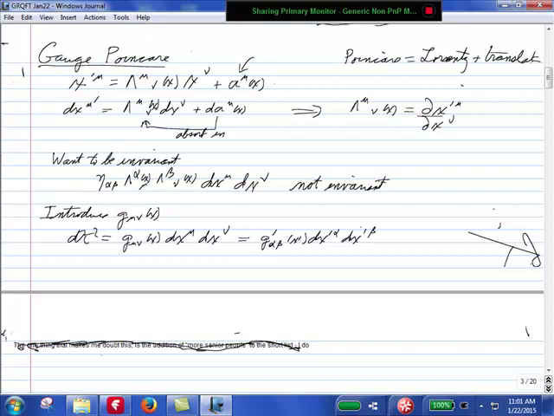The derivatives here on the coordinate changes wouldn't cancel out. But that's just like what we would have said even in E and M. You can't do d mu a nu d mu a nu. That doesn't work either. Okay, so you can't just blindly put this in here.